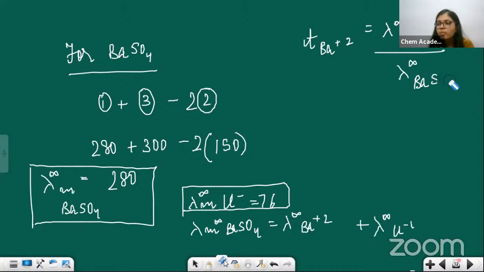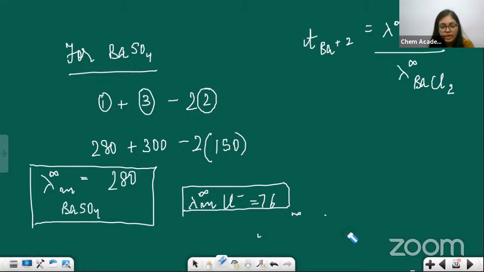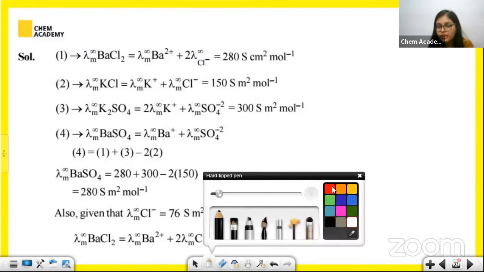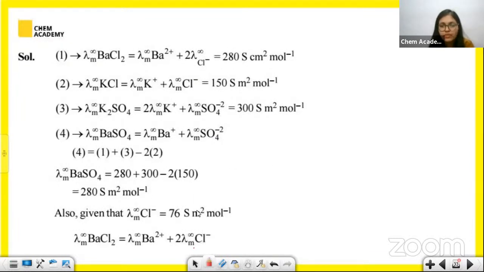So not for BaSO4, we have to calculate for BaCl2. Now the question has become even easier. This is in fact easier than BaSO4, because we had already been given the value of lambda m infinity of Cl minus in the question.